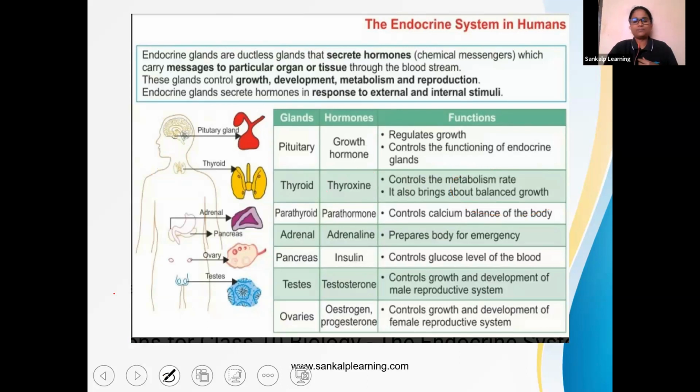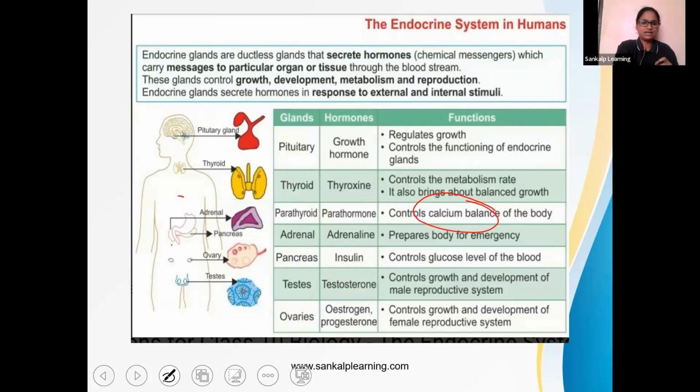Sorry, thyroid gland. Next, we have the parathyroid gland, which secretes a hormone called parathormone. It controls the calcium balance of the body. The calcium balance is controlled by parathormone. Why is calcium necessary? For bone development, calcium is necessary. Next, we have the adrenal gland.